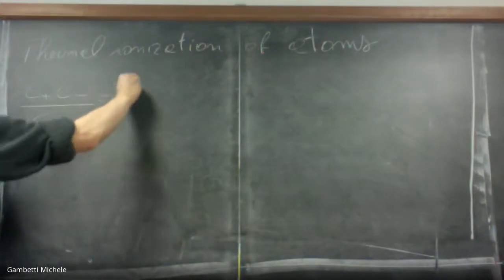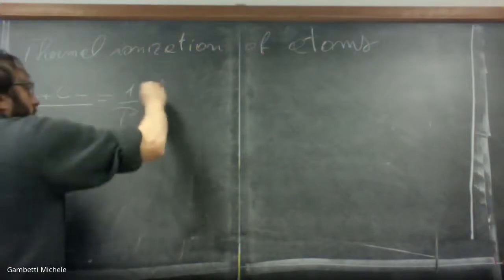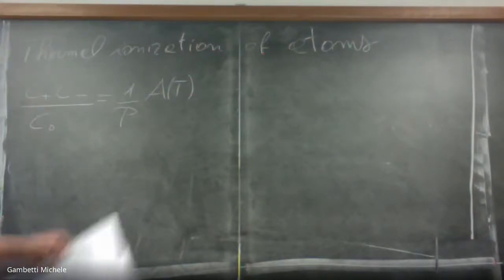This is equal to 1 over P, the total pressure, times this function A of T, which is a complicated function.